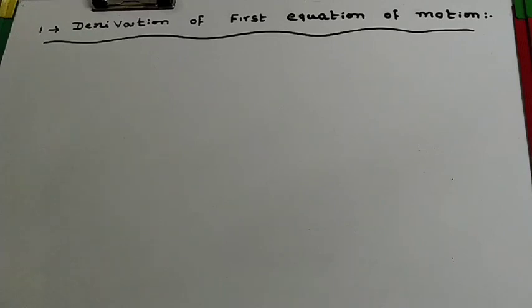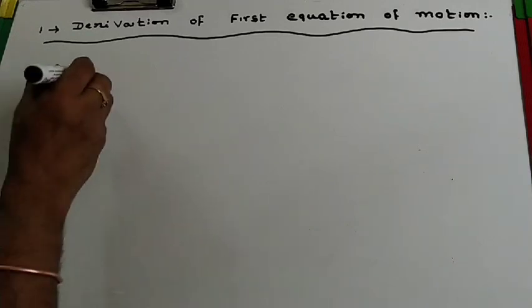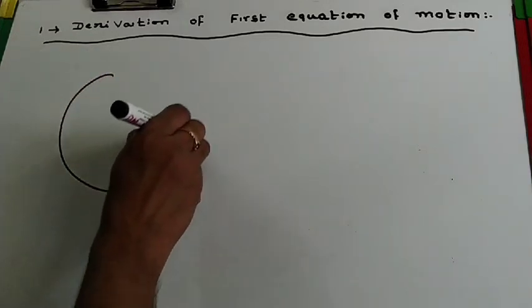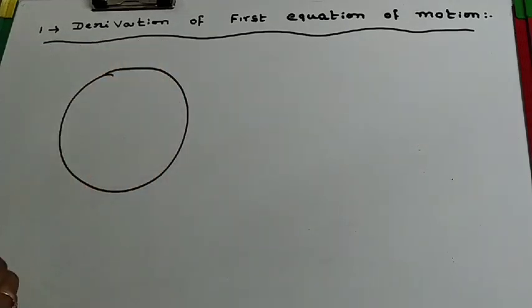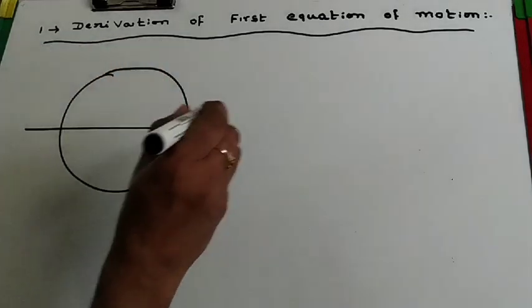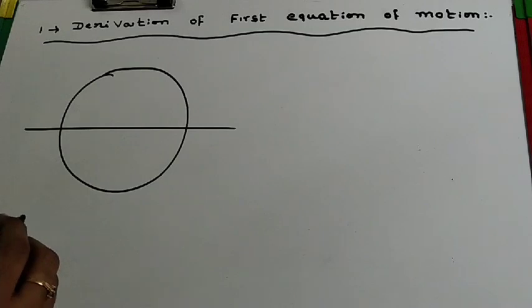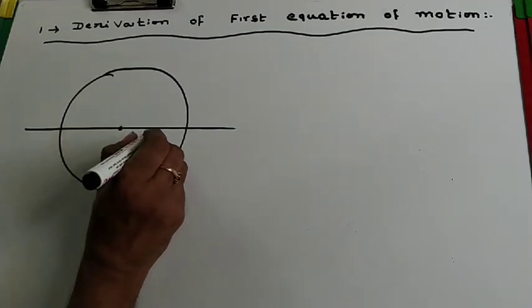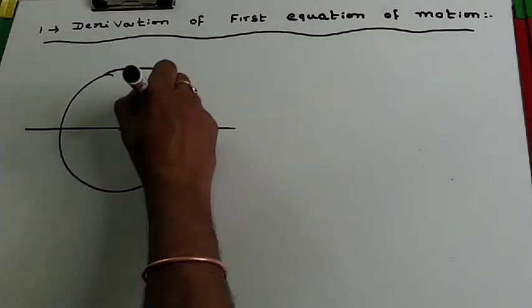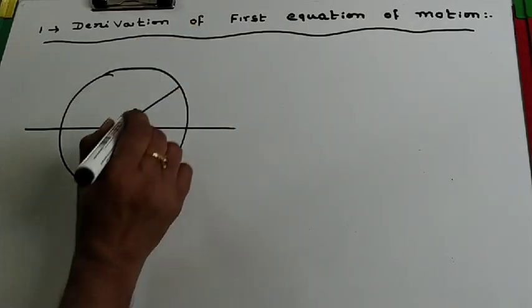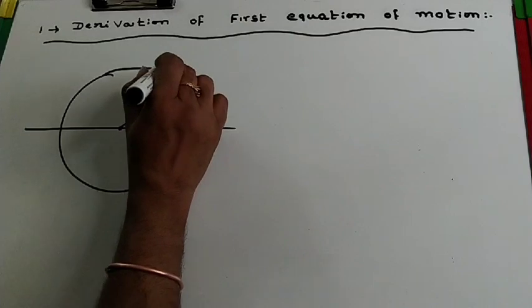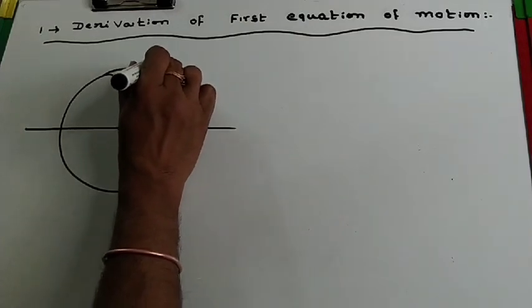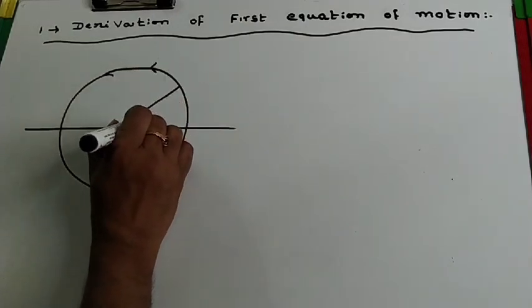Now take a circle, take this is center, this is radius r, take a particle which is moving in anti-clockwise direction, therefore this is theta.